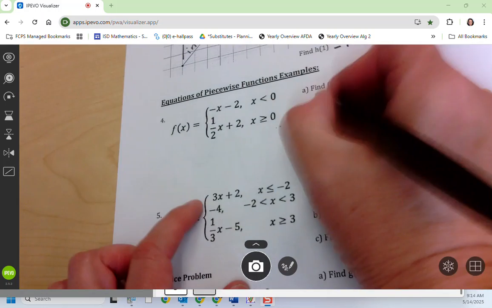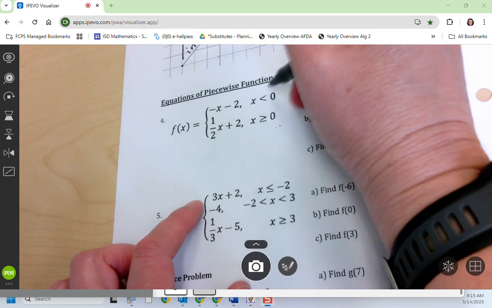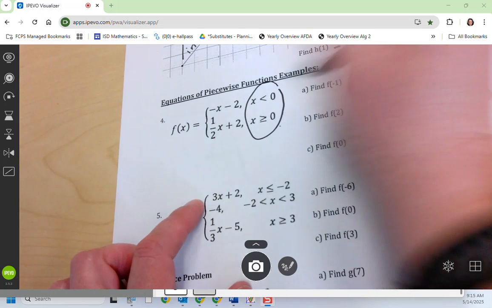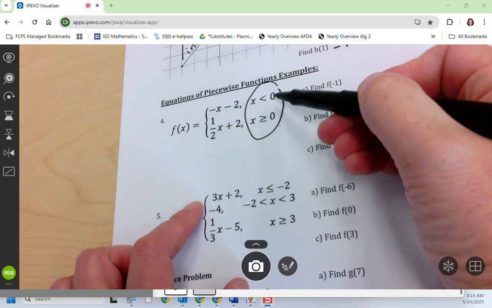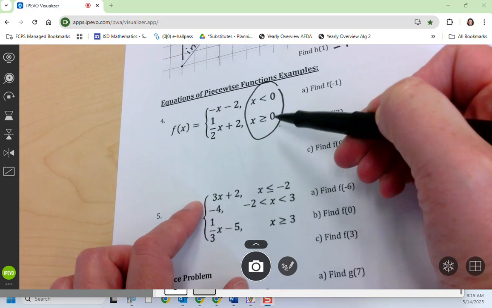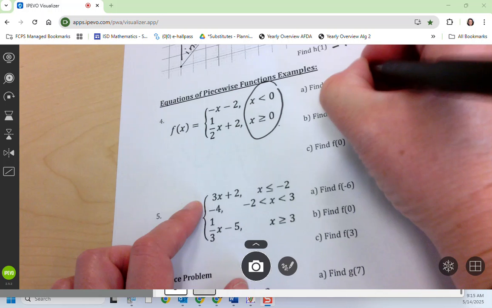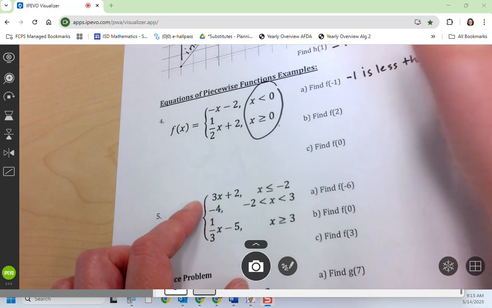The first one says find f of -1. So you have to ask yourself, is -1 less than 0 or greater than or equal to 0? Less, yes. Okay, -1 is less than 0.